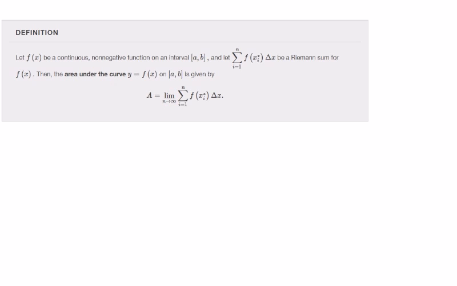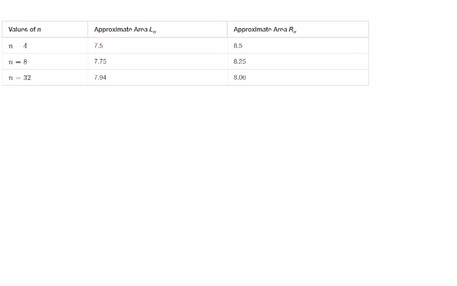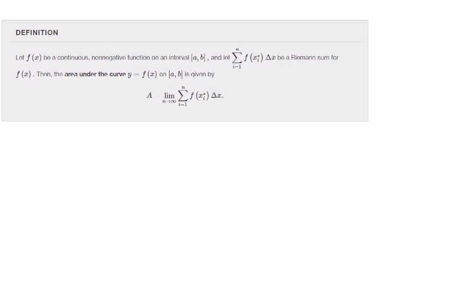Instead of doing 32 rectangles, we saw what happens when we go from 4 to 8 to 32. Well, let's just keep going all the way to infinity. So as n approaches infinity, those gaps are going to get smaller and smaller, to the point where they're infinitesimal, insignificant.